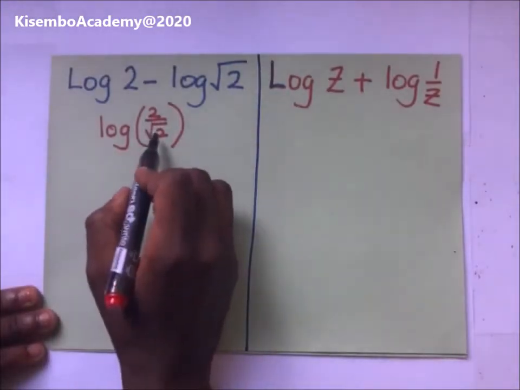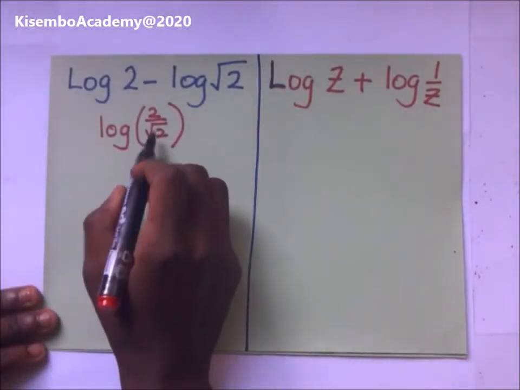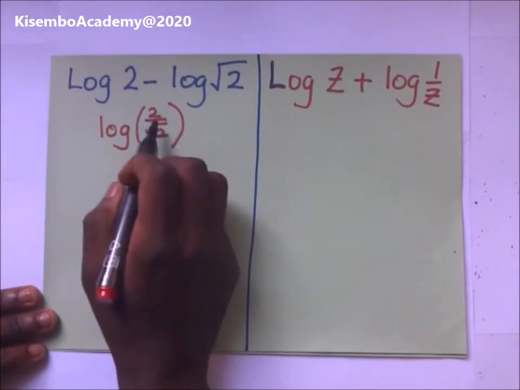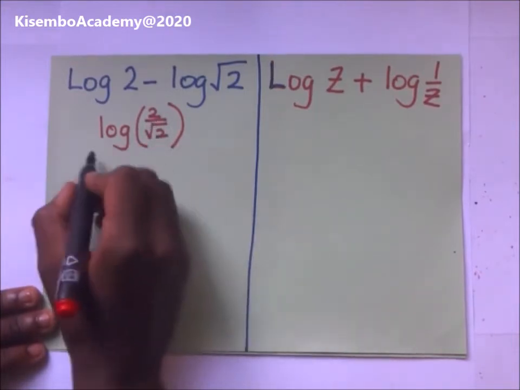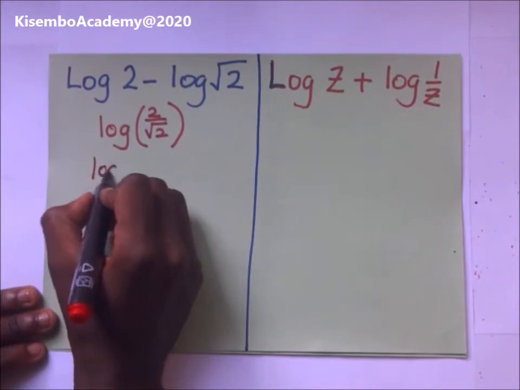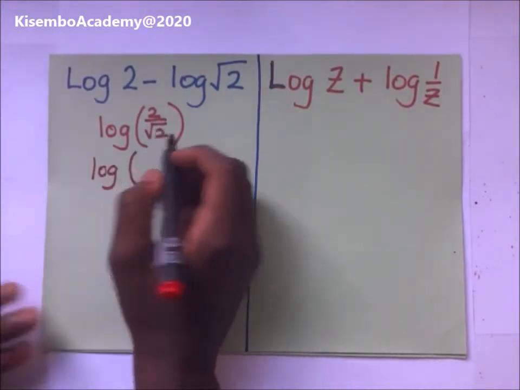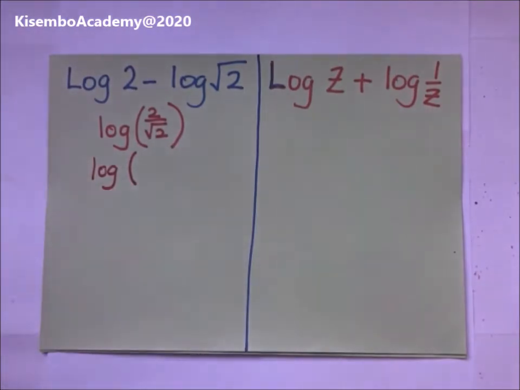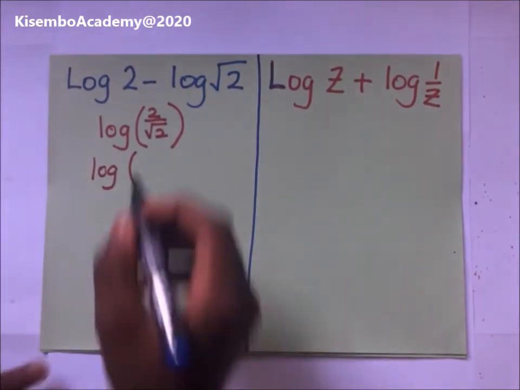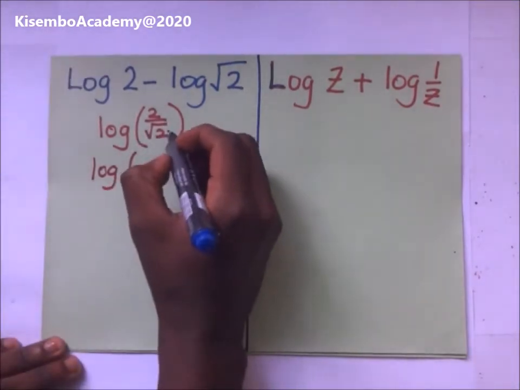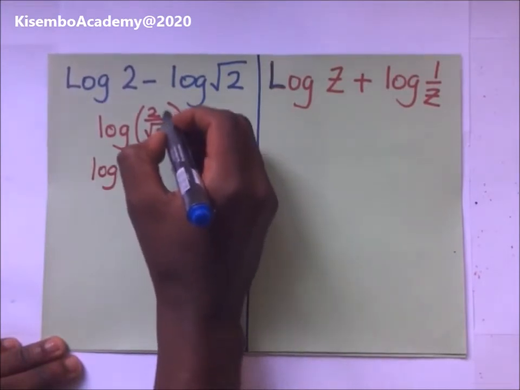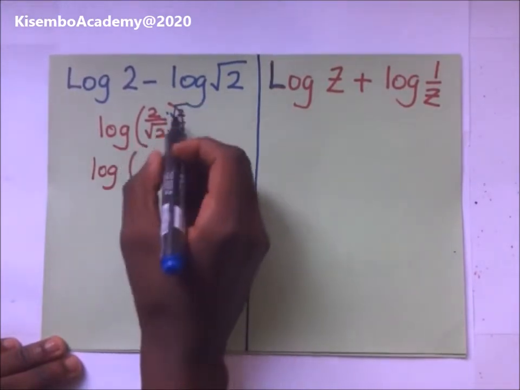So 2 divided by the square root of 2, we are going to rationalize this denominator. When we rationalize this denominator, it means we are going to multiply the square root of 2 here times the square root of 2 down here, and up here times the square root of 2 up and down.